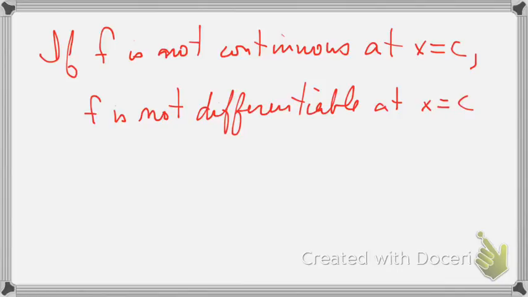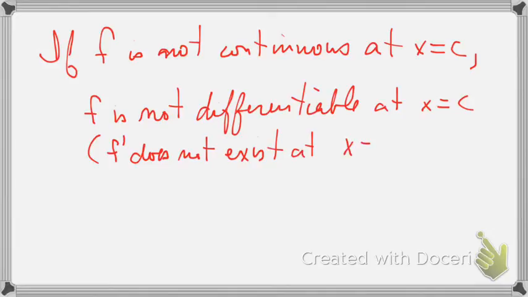In other words, that last part is equivalent to saying f prime does not exist at x equals c. Same thing. Now, there's something in logic called a contrapositive.